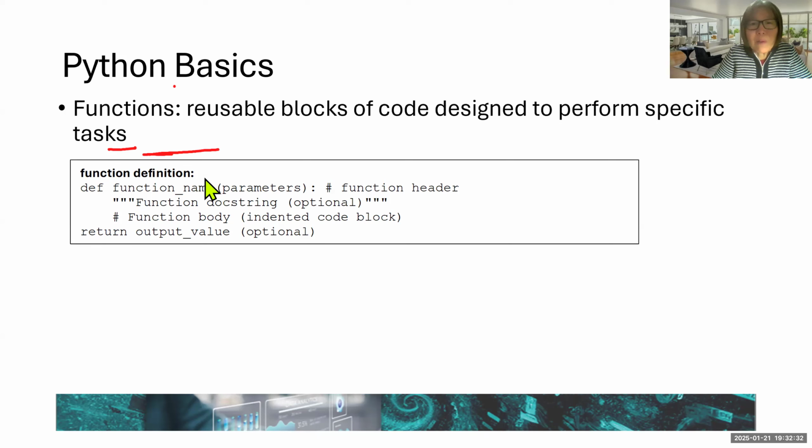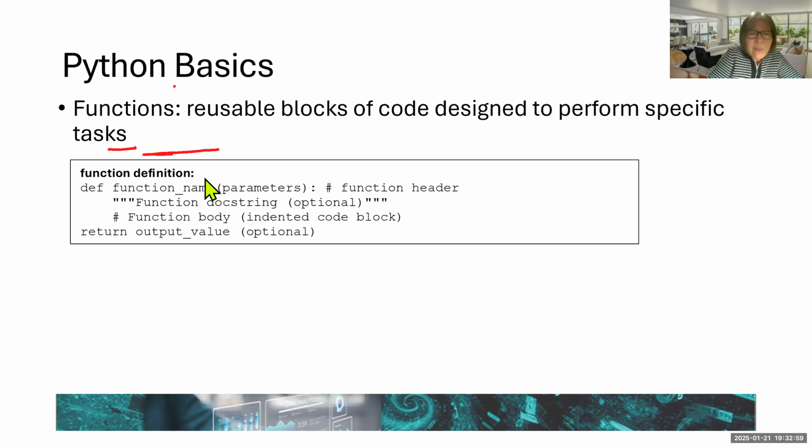Suppose you calculate some conversion, like meter to feet conversion. It's reusable. You may not use it in your program just one time. You're going to use it multiple times. In that case, you don't want to repeat your code. So then you can put that block of code into a defined something, and we call it a function.